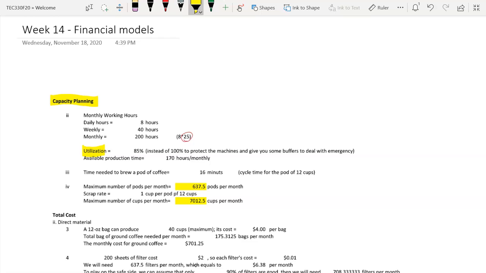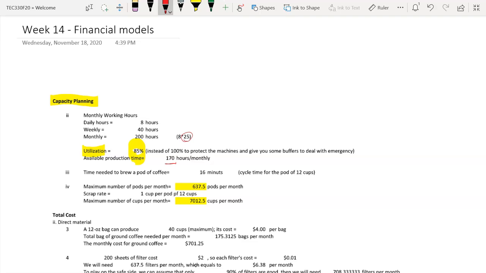That means you are not going to use 100% of the time to do all the production, because for a coffee shop you might need to do cleaning from time to time. So we're assuming 85%, and of course you can change this, the amount of time available for the value adding process will be much less. So from 85%, we are looking at 170 hours per person per month.